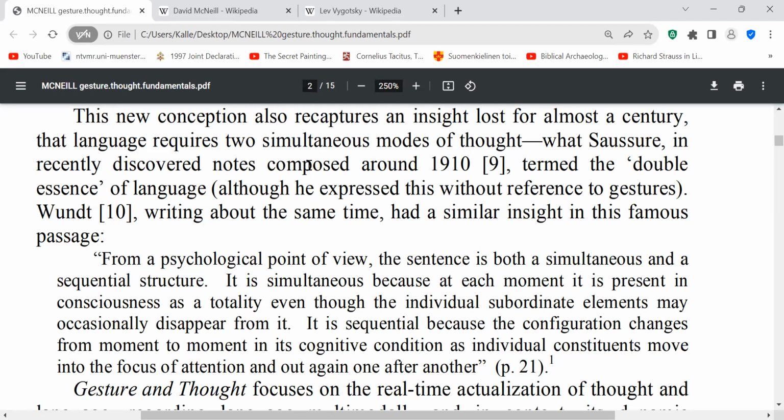Writing about the same time, Wundt had a similar insight in this famous passage.